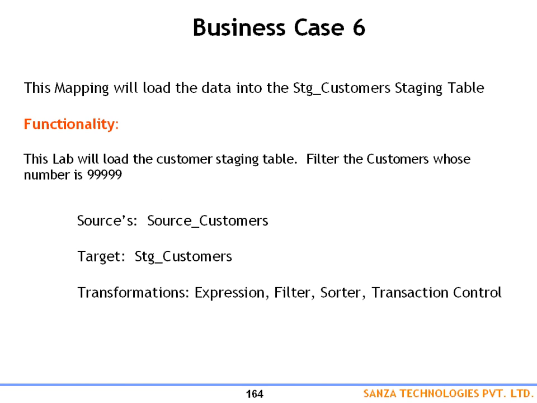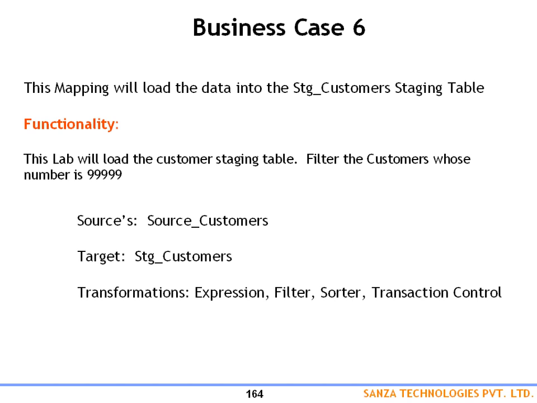The requirement of business case 6 is to extract the data from the source_customer table and load the data into the STG customers table. But the condition is to filter the customers whose number is 9999. So while loading the data into the STG customers table, as per the requirement, the customers whose number is 9999 should be filtered out.